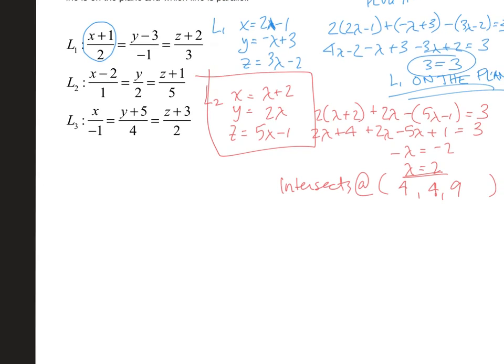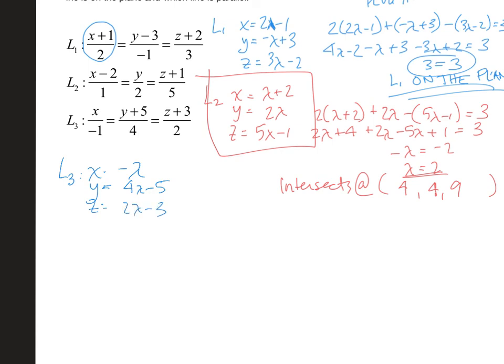All right, and then let's do line 3. I'll switch back to blue because the only other color I have is green, and I think it's a little hard to see. For line 3, in parametric form, I have x equaling negative lambda, y equaling 4 lambda minus 5, and z equaling 2 lambda minus 3.